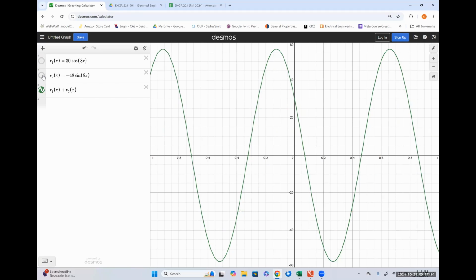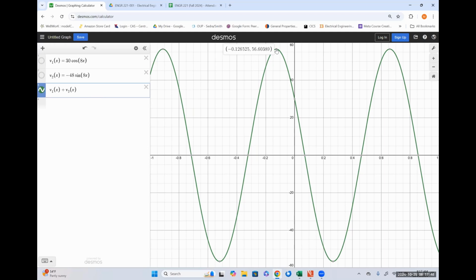I can see that this looks like a sinusoid, right? It's a sinusoid that appears to have a positive phase angle if I'm expressing it as a cosine function, because it's shifted to the left by some amount. It has a peak value in the ballpark of something like 58. We can click on it here, 56.603, and we could actually use that value right there to calculate what our phase angle is.